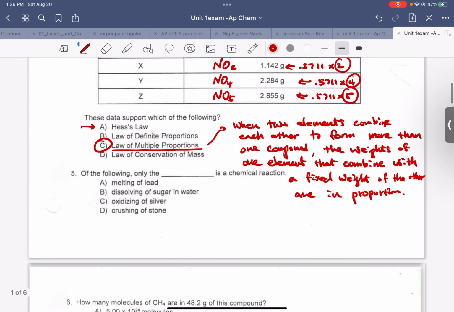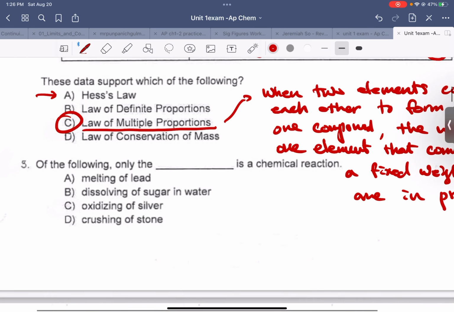Let's move on. Number 5. Of the following, which is only a chemical reaction? So they are checking chemical reaction, or maybe it's just a physical change. Like melting lead, the lead itself is not going to change by melting. So that's not chemical.